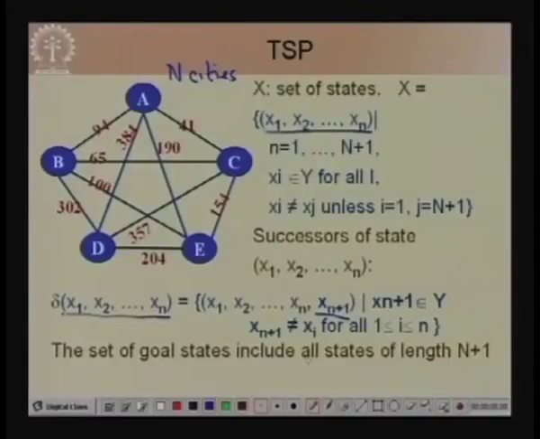Now, this is the state space representation of the TSP problem. What is the goal? A goal state is a state where we have a Hamiltonian tour of length n plus 1. So, the set of goal states include all states of length n plus 1.